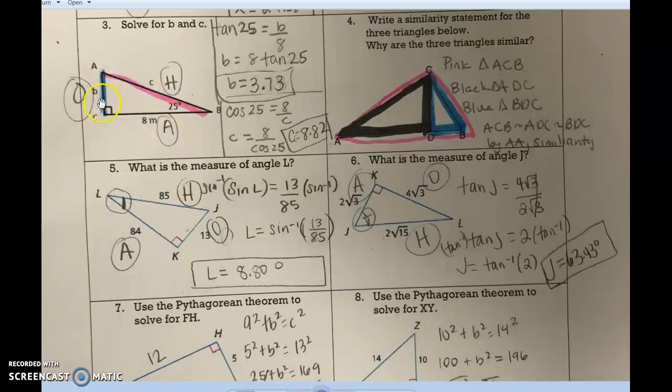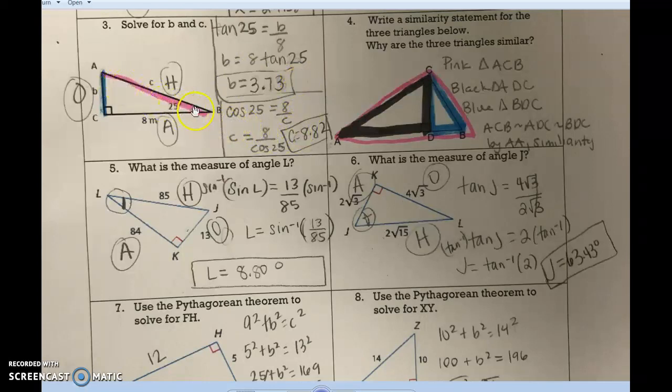Right now I'm looking for side B. Side B is opposite over adjacent, which is tangent. So tangent of 25 equals B over 8. I'm going to multiply both sides by 8. Since my numerator has a variable, I'm going to multiply 8 times tangent of 25, and B equals 3.78.